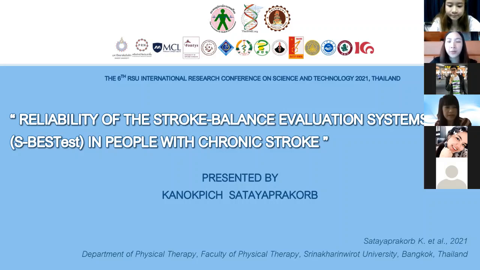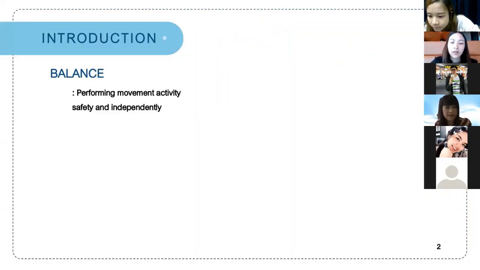Good morning, everyone. I'm Kanokpich Satayaprakorb. I'm pleased to be here today to talk to you about the topic: reliability of the Stroke Balance Evaluation System Test in people with chronic stroke. The rationale of this study is as follows: balance is essential for performing movement and activity safely and independently.